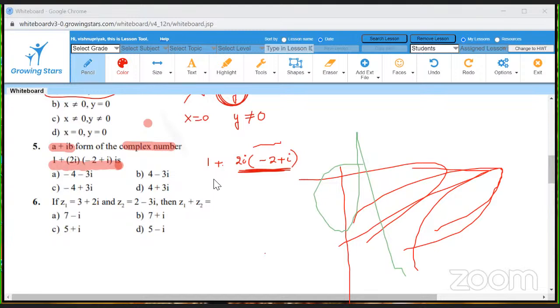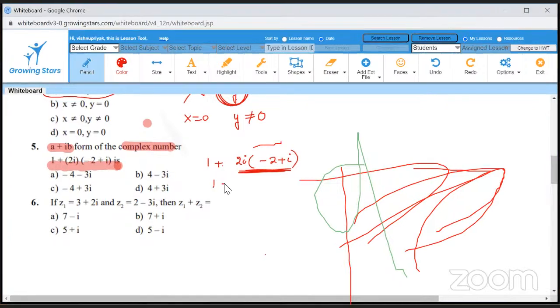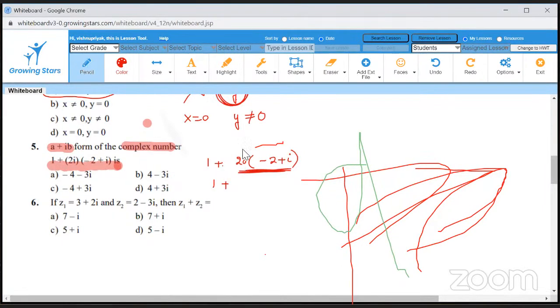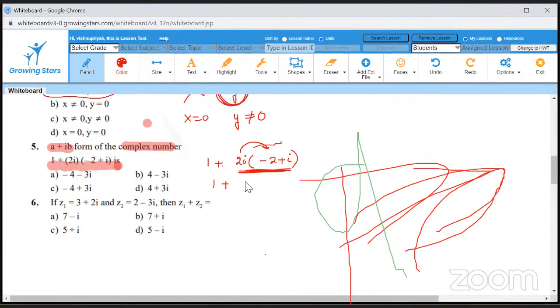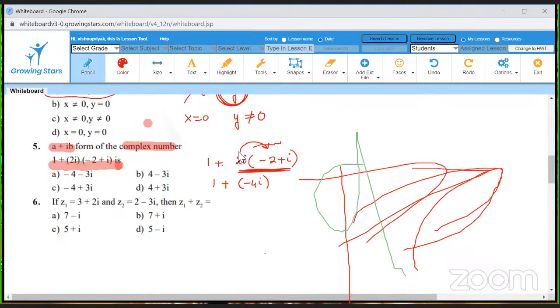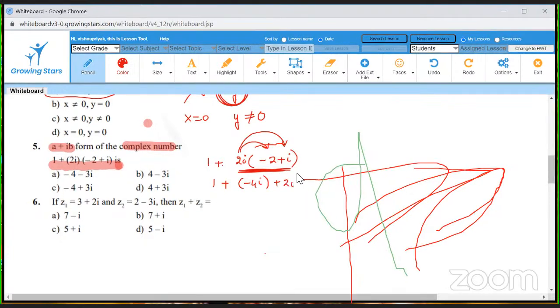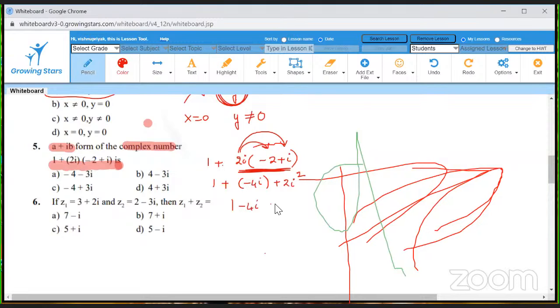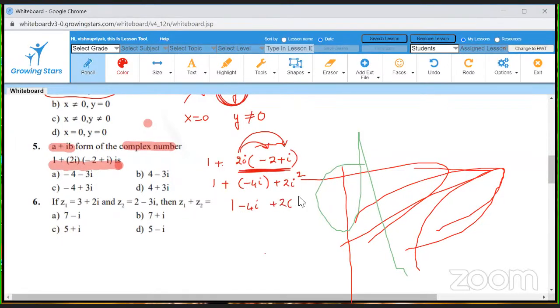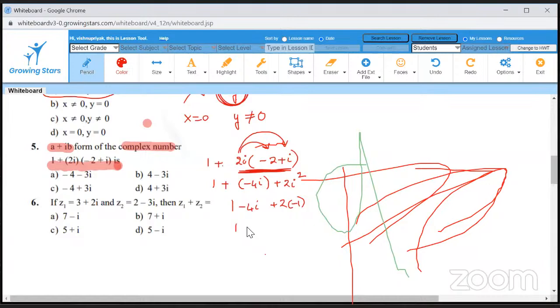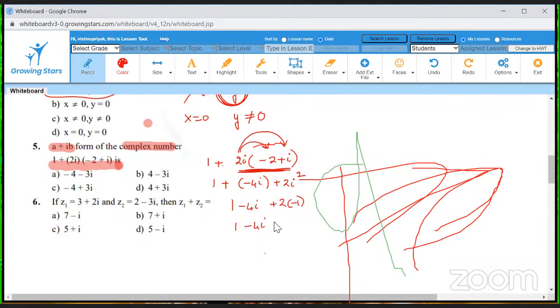Okay, let us see. 1 plus, when I multiply minus 2i with minus 2, I will get minus 4i. And 2i, when I multiply by i, I get 2i squared. So 1 minus 4i, i squared is minus 1. 1 minus 4i minus 2.